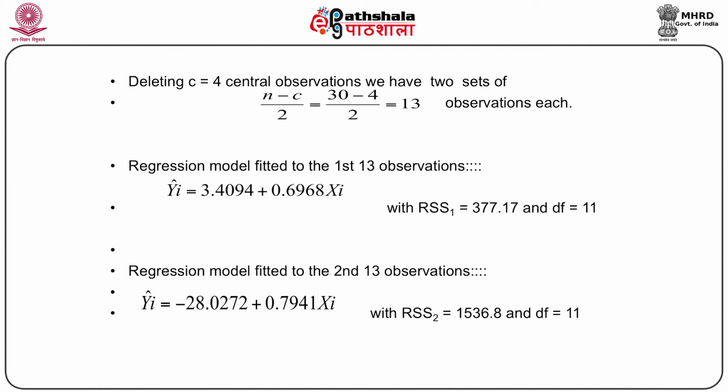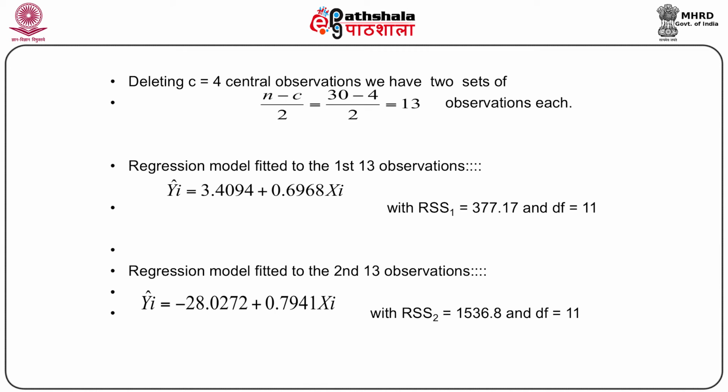Now regression models are fitted to the first and the second set of data, and we obtain the corresponding residual sum of squares for each model. After we fit the regression model to the first set of data, the regression model written in terms of the estimated parameters is y i hat equals 3.4094 plus 0.6968 x i, with residual sum of squares RSS1 equals 377.17 and degrees of freedom 11.